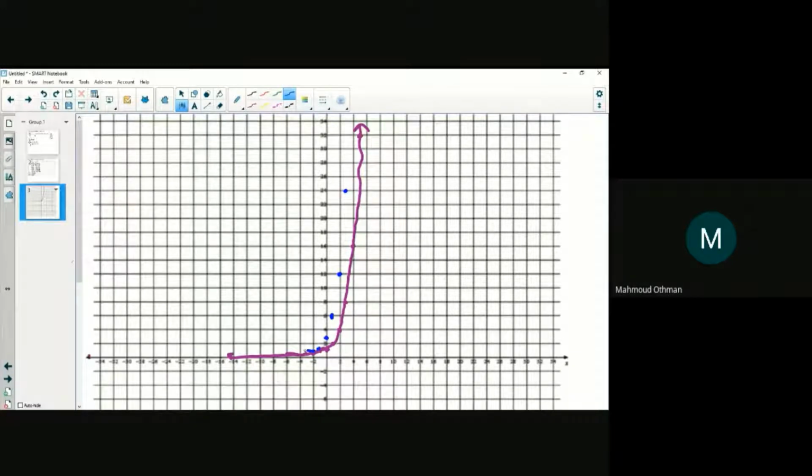So then this thing will just start at 0. And then it goes all the way up.